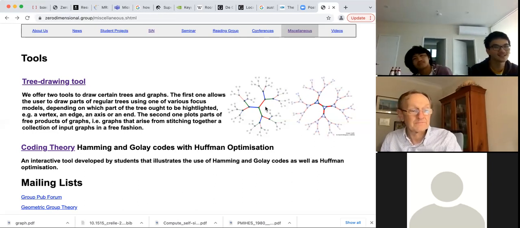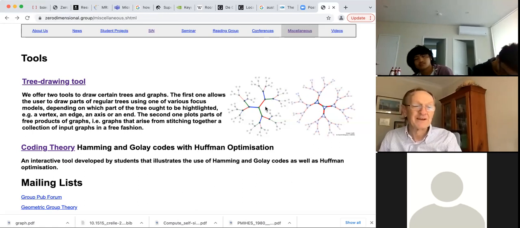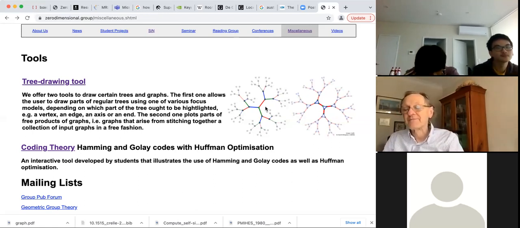What do you mean by highly symmetric? I mean vertex transitive. Yeah, so they look the same from every vertex.